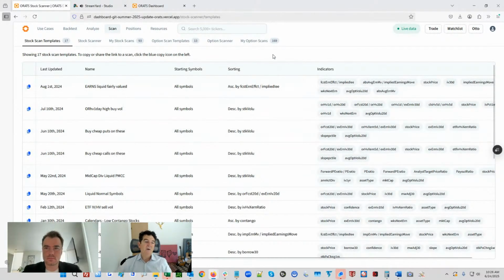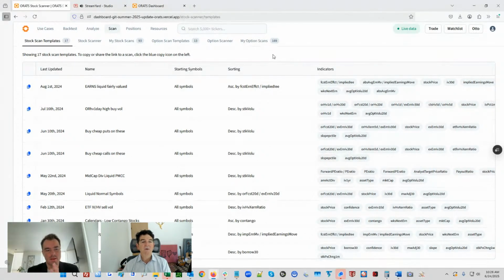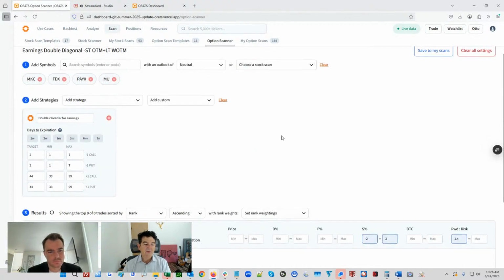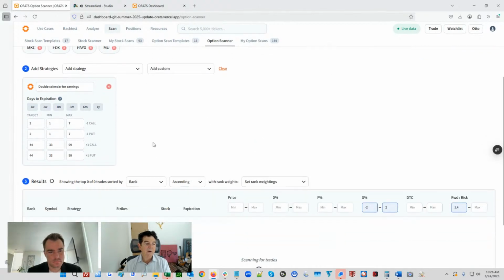I think the bottom line is the ORATS scanner is so powerful for finding the symbols and the exact kind of setups that you want. What I always encourage people to do, including myself, is to make it so everything that comes out in the scanner should be a tradable thing.